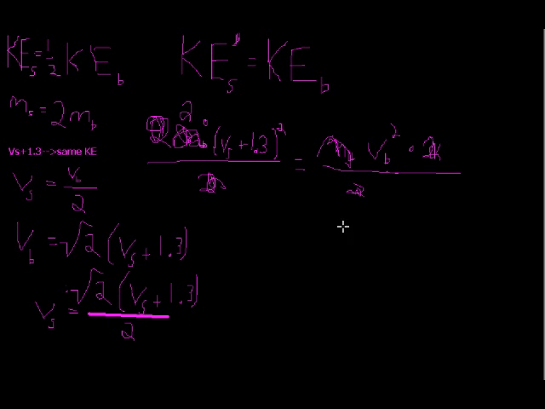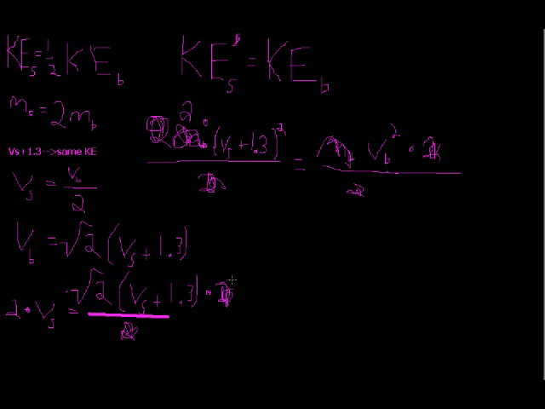Now it's actually some really, really simple solving, believe it or not. Let's multiply everything by 2, just to get rid of the fractions. So times 2, these cancel out, and multiply this times 2, so 2 times that. Okay, now what should we do?